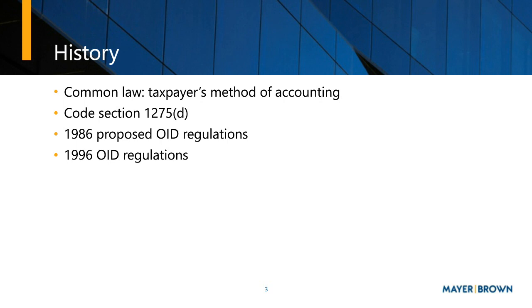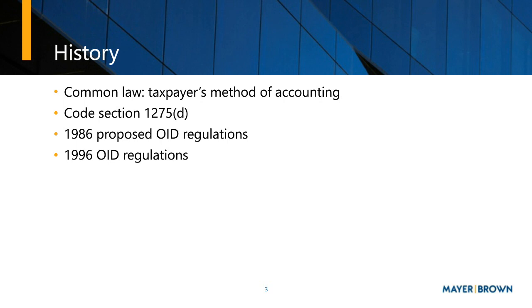You also see on the slide 1986, so it took about roughly 10 years for the Treasury and the IRS to experiment with a series of tax rules concerning the taxation of structured notes.